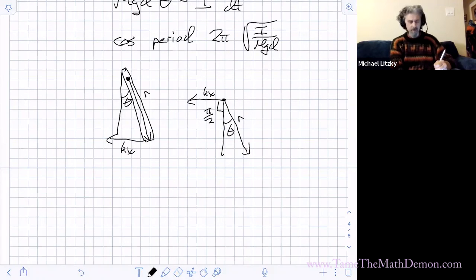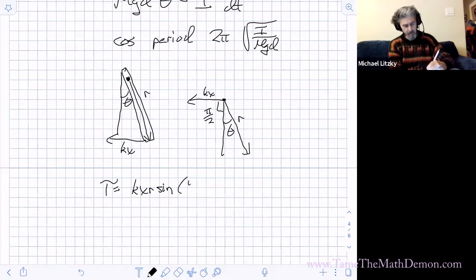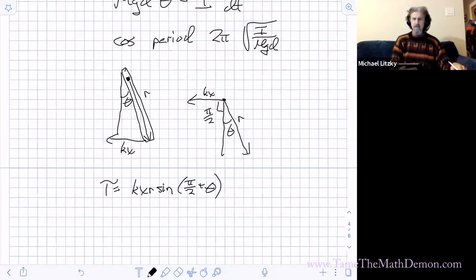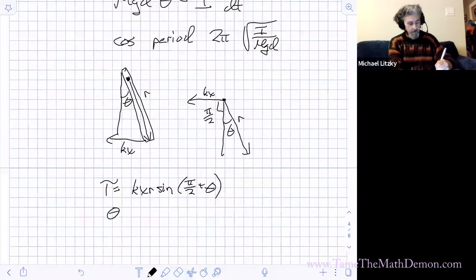So our torque in this case is kx r times the sine of pi over 2 plus theta. Well, all right, we've got something, but we can't have x in our final formula. And also, even worse, when theta is small, sine of pi over 2 plus theta becomes just sine of pi over 2.